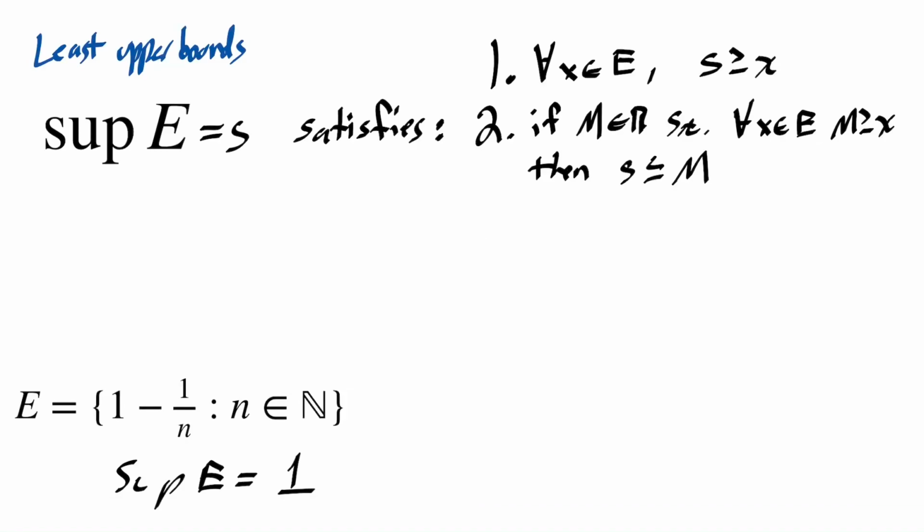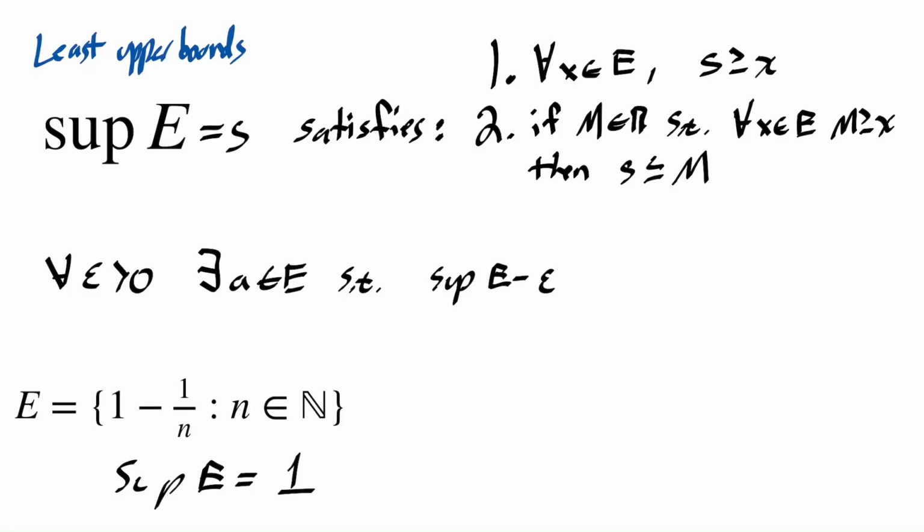It says for all epsilon greater than 0, there exists some element A in our set E such that the sup of E minus epsilon is less than A is less than or equal to the sup of E.